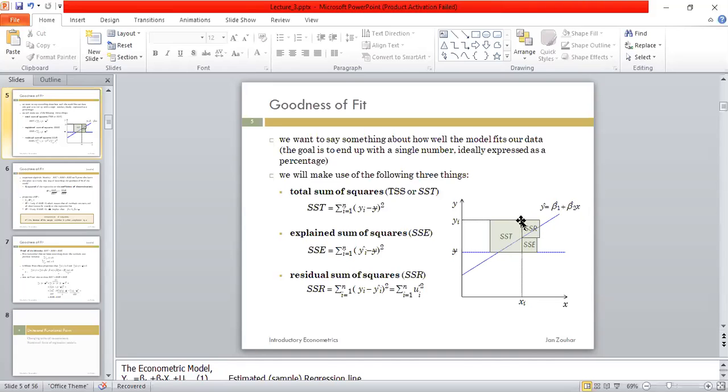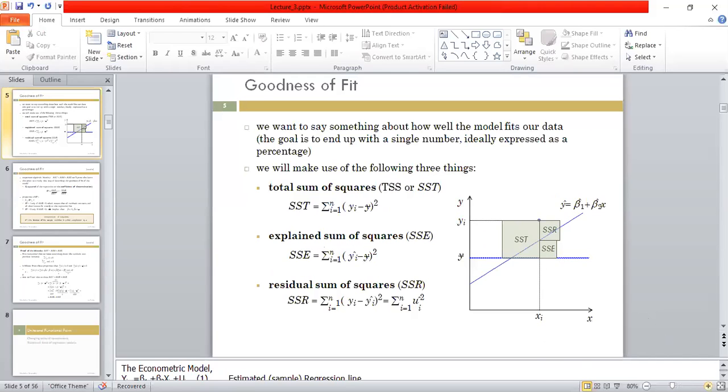Think about a point here. Can you see that point? That point is a point from the data. When x has a value, y has a corresponding value. Recall your homework: you have x values and y values, corresponding x and y values.